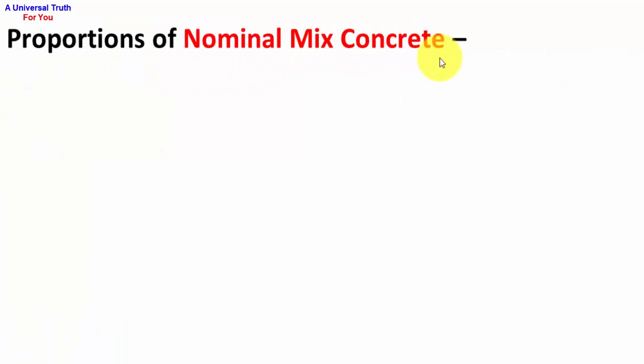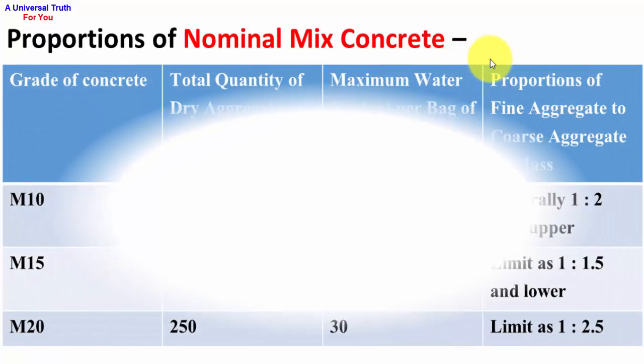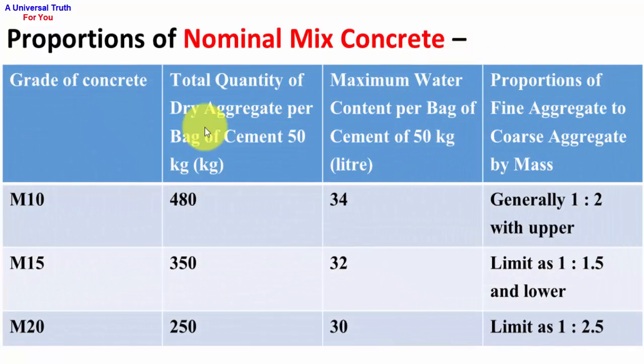Proportions of nominal mixed concrete. Here is the table. Grade of concrete, total quantity of dry aggregate per bag of cement 50 kg.